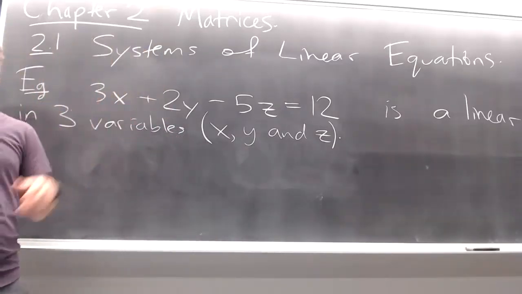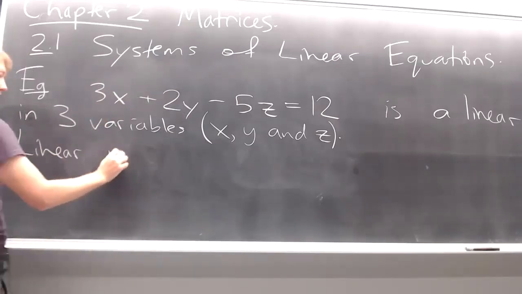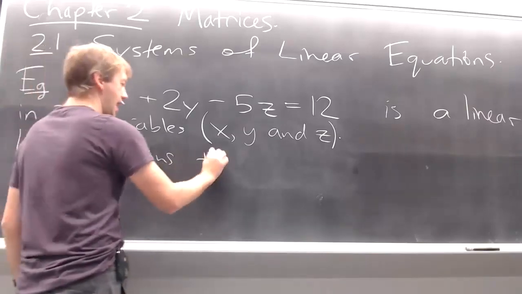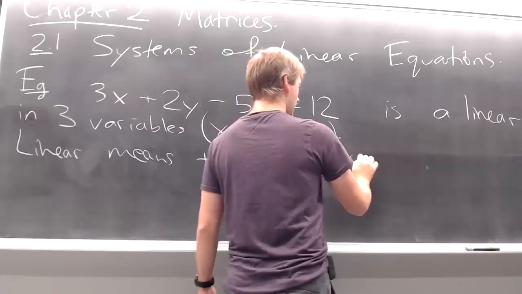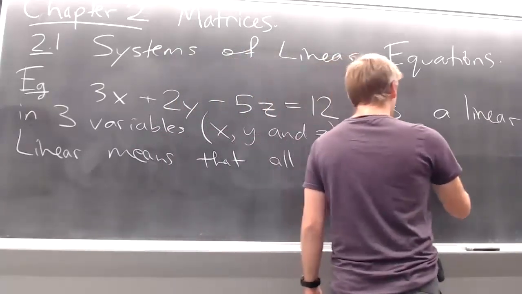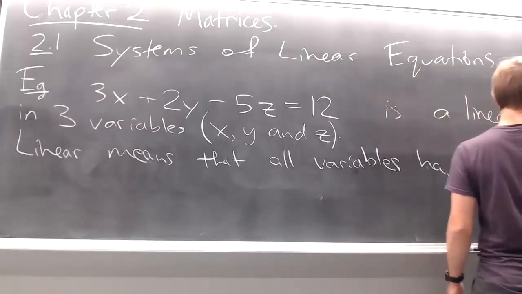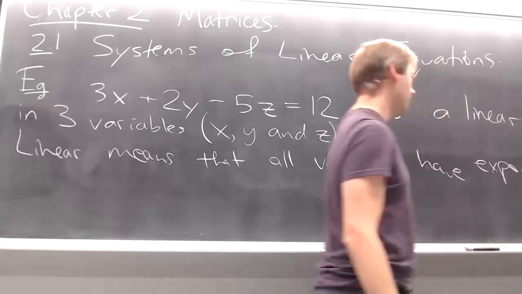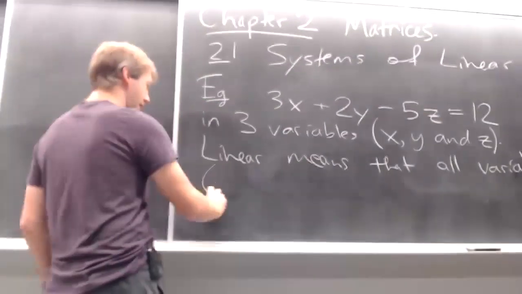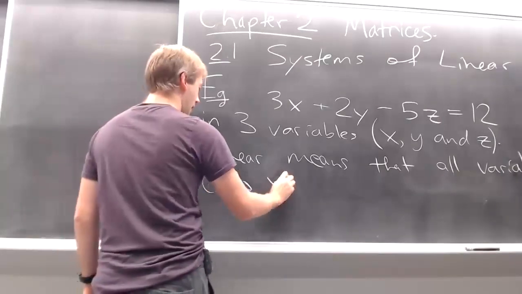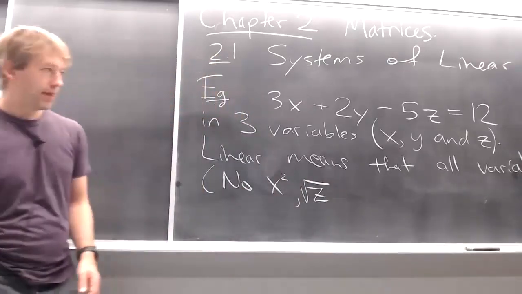The reason it's linear is because, so linear means that all variables have exponent 1. So for instance, you don't have something like x squared, or square root of z, or anything like that.